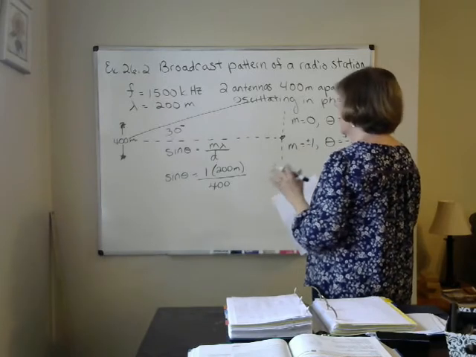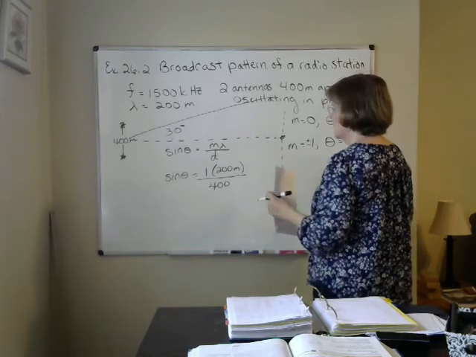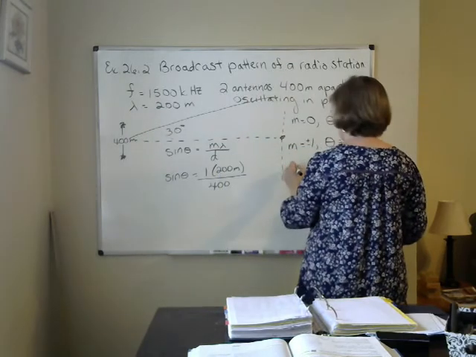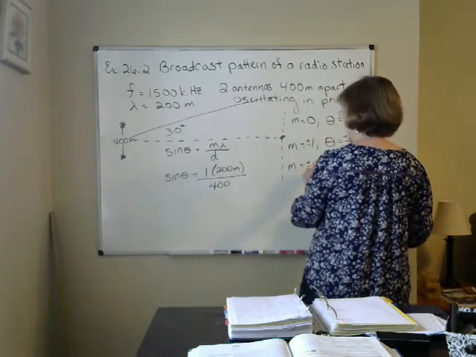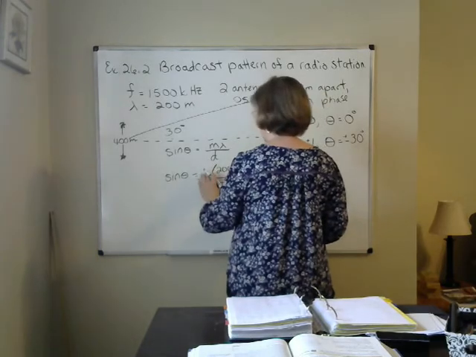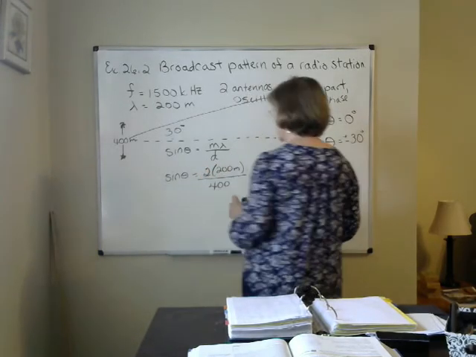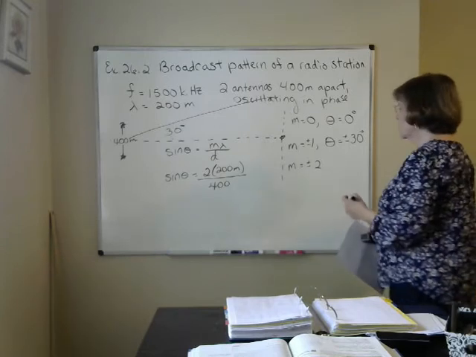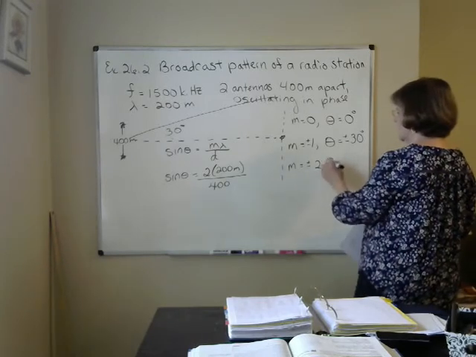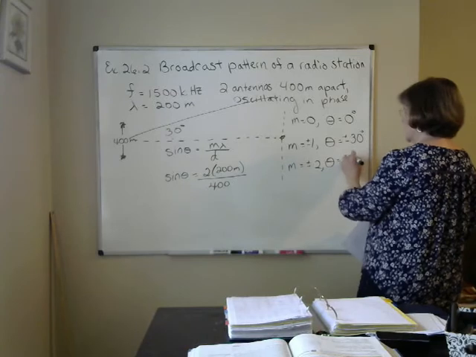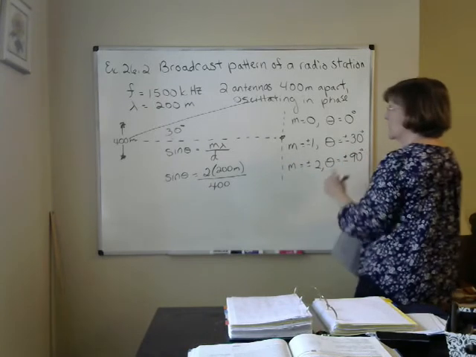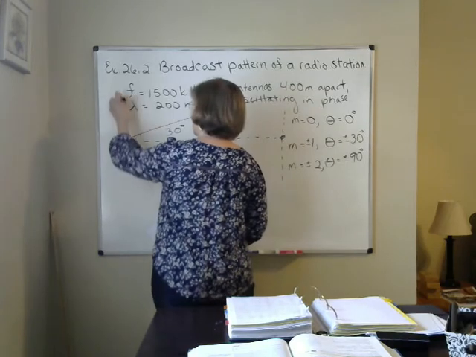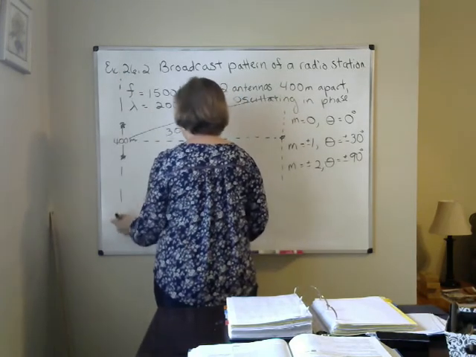Finally, we'll do one more. If we say m is equal to plus or minus 2, I get sine theta is equal to 1. The sine inverse of 1, of course, would be theta is equal to plus or minus 90 degrees. In this case, plus or minus 90 degrees, since this is 0, would be up here somewhere or down here.